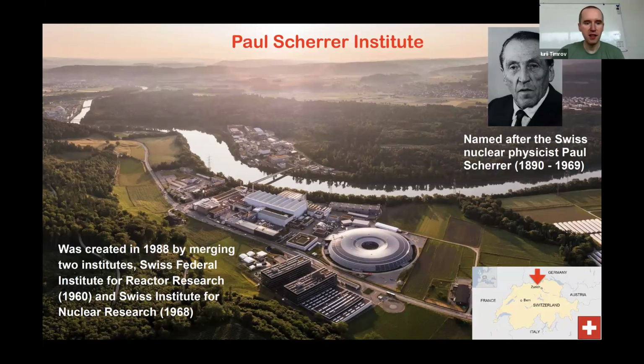Originally the focus of the institute was on reactor research and nuclear research, but nowadays it's a portfolio of different topics, including condensed matter physics, chemistry, biology, radiotherapy, and so on. It's located in the north of Switzerland, close to Zurich, close to the border with Germany. So I invite you to come and visit us sometime in the future if you have the opportunity.